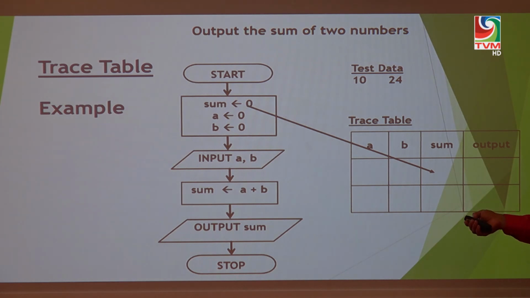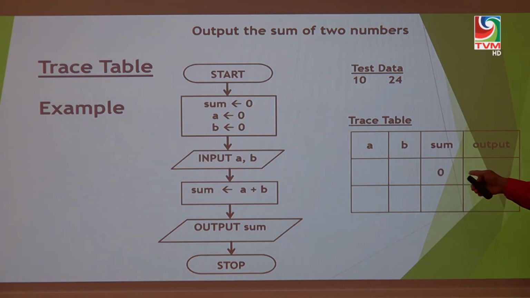A equal to 0 means the value 0 is passed to the variable A. B equal to 0 means the value 0 is passed to the variable B. So the initial value of sum is 0.